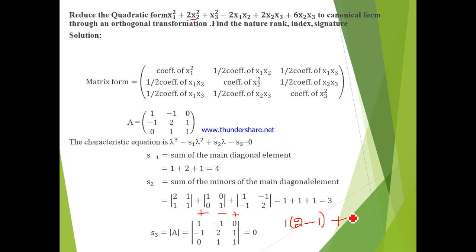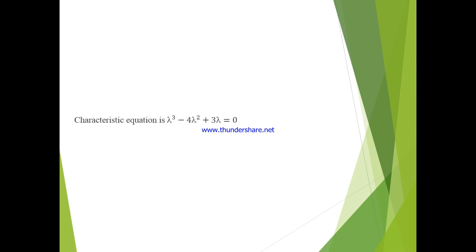So plus 1 into minus 1 minus 0, plus 0 into, so the total value is 0. Here 2 minus 1 is 1, minus 1, so the answer is 0. So the determinant value, that means the S3 value, is 0.